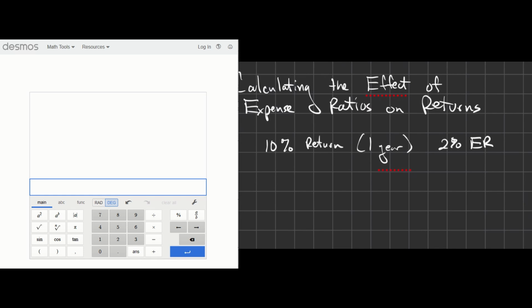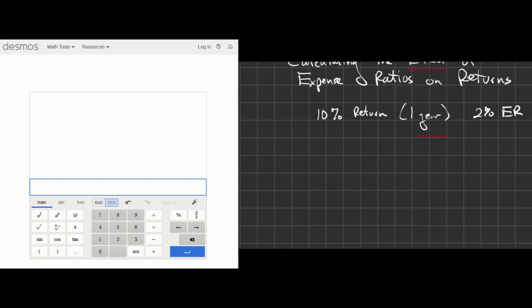Not ideal, but let's just say that you had a 2% expense ratio, or maybe that's how much you have to pay to whoever is running the fund. That's the expense that they charge. What I hear a lot of people do, which is incorrect, is they say, oh, well, you had a 10% return and then you had a 2% expense, so that means that you had an 8% return for that year.